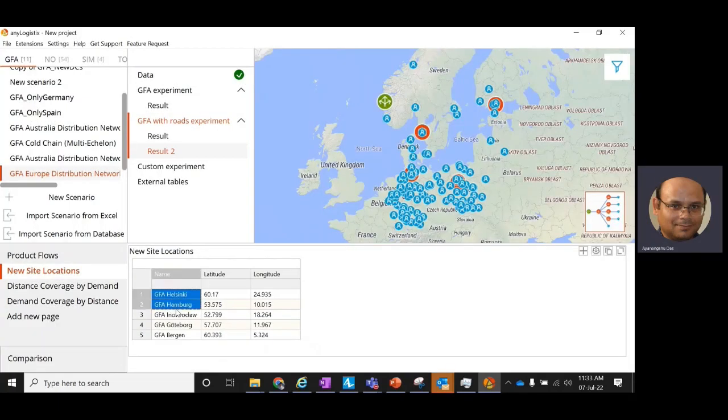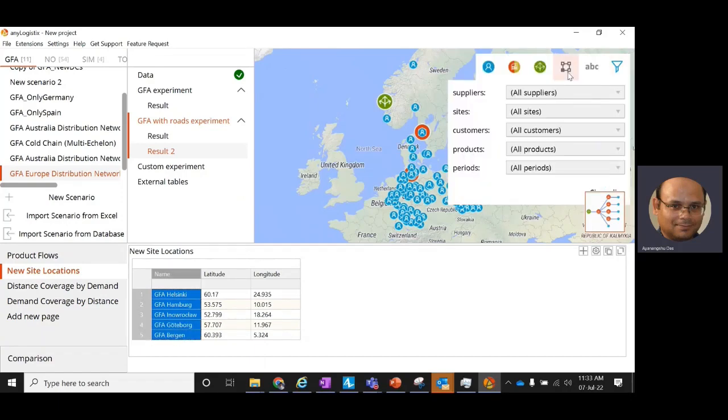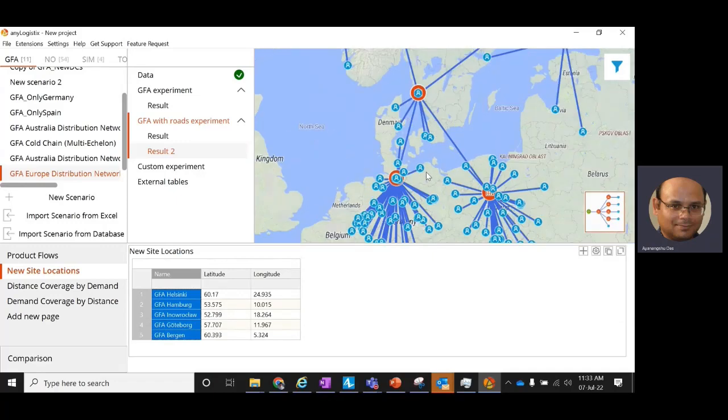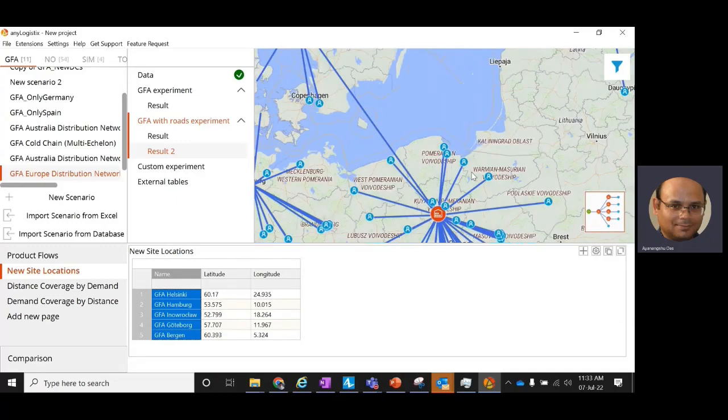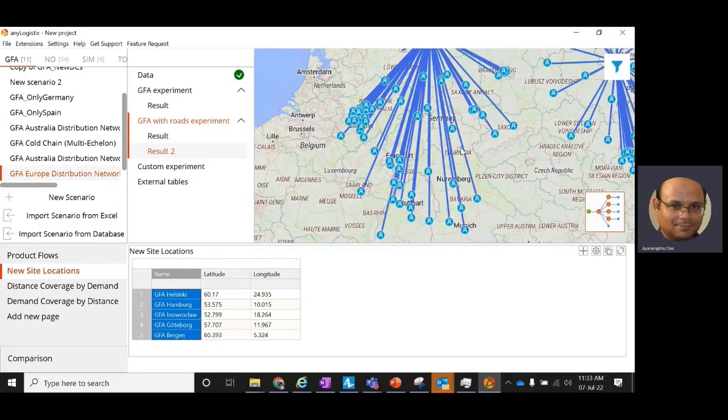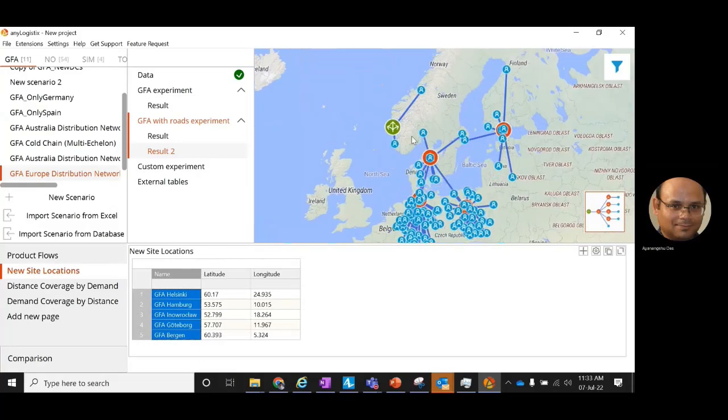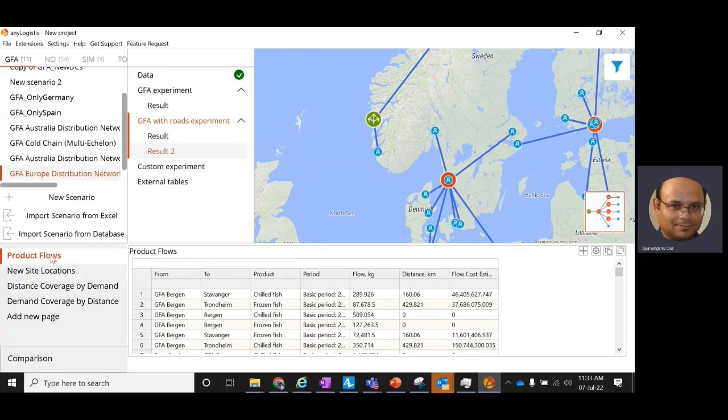Here also it suggested which are the new site locations that it is looking at, and it can show which locations it is suggesting to be served from which DCs. It also shows the product flow.